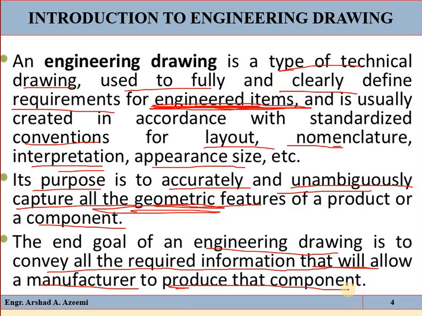So you will transform that idea onto a sheet of paper, and you will clearly and easily specify the dimensions of that object, that component, that product. Then the manufacturer will understand it and will manufacture your item, your component.